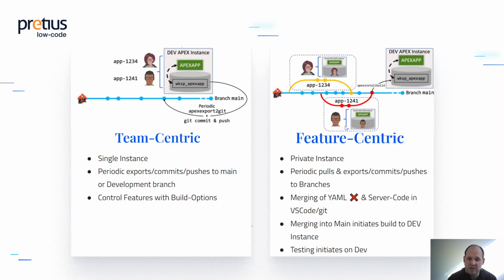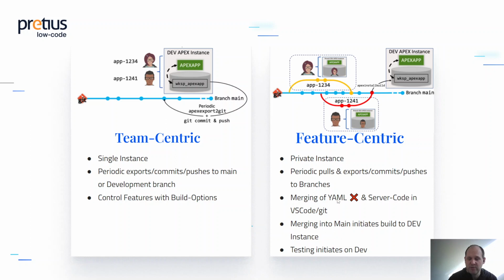Now in feature-centric, each ticket, or feature, has got its own environment. That's not really that clear in the white paper. It could be per developer or it could be per feature. So with these private instances, you periodically pull and export and commit to these branches now, not to the development branch.